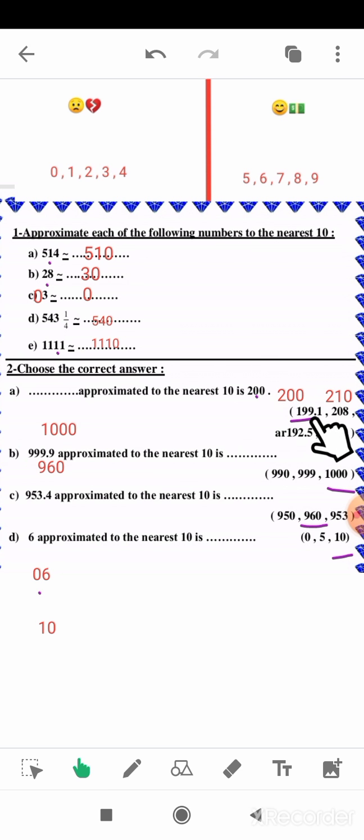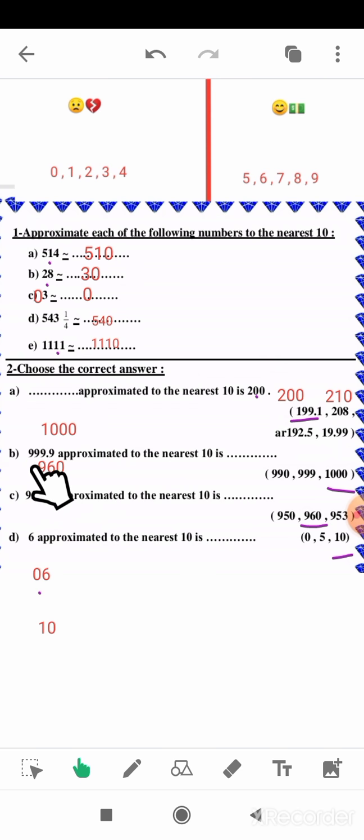So we find 208 will be approximated to 210. 199.1 will be approximated to 200. We look at the 9. 9 is a rich number. A rich number gives 1, so it will be 200.